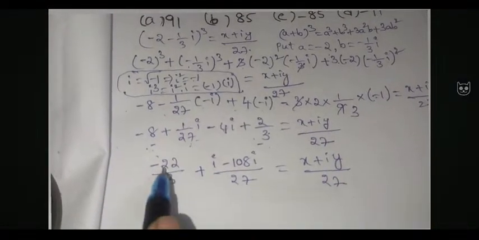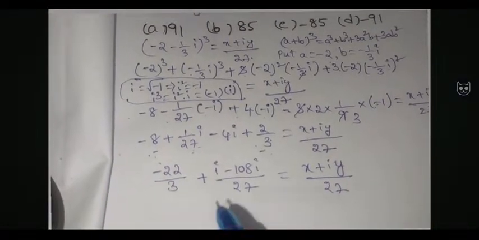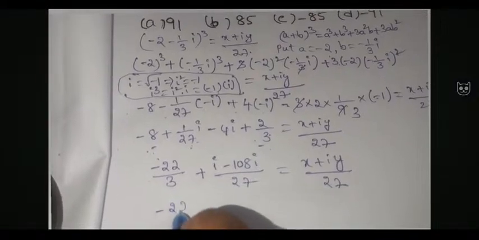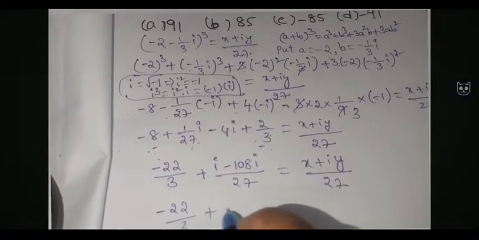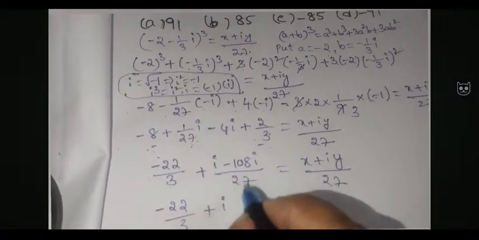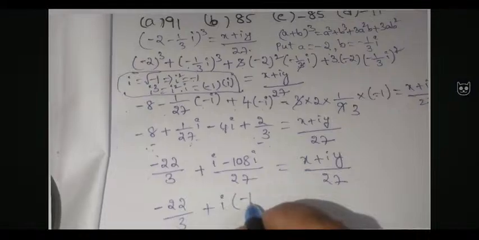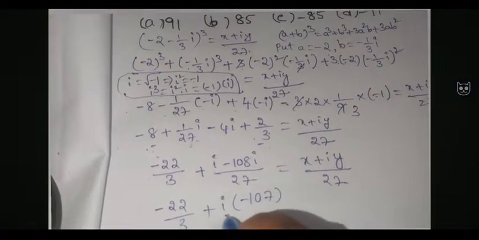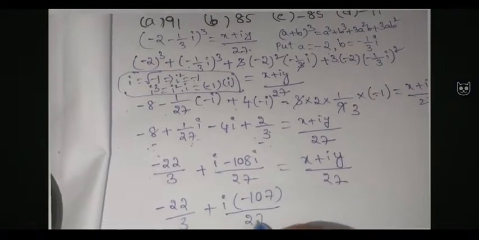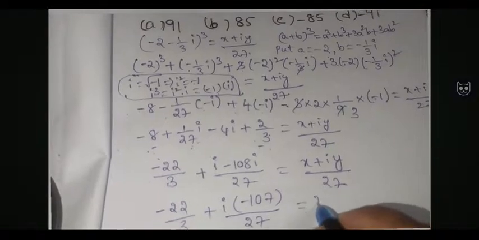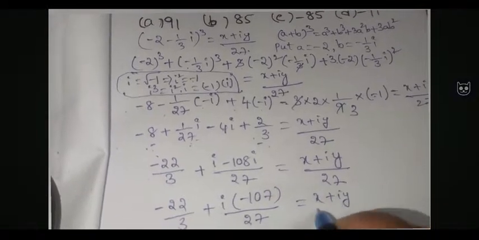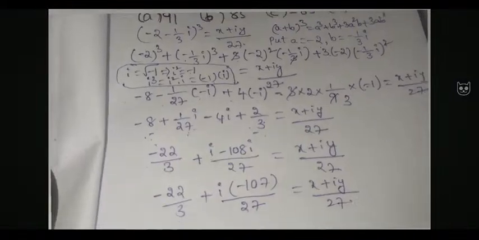Now again take i common. We get minus 22 by 3 plus i times (1 minus 108), that is minus 107, divided by 27. That equals x plus iy by 27.